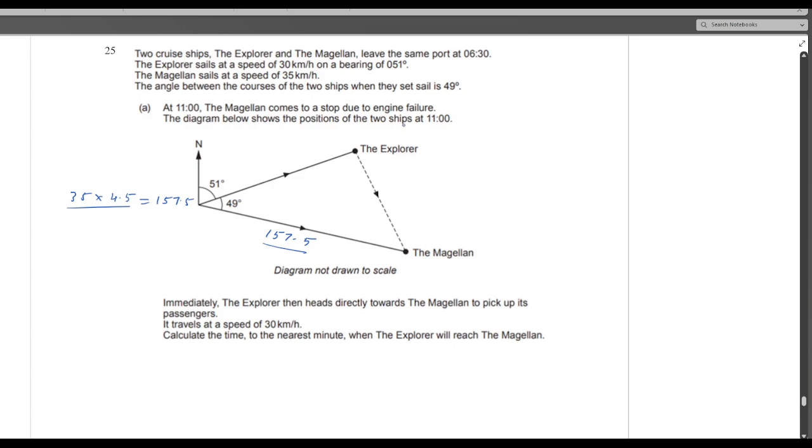Similarly, to find how much distance the Explorer covers, I will multiply this 4.5 by its speed, which is 30. So 30 multiplied by 4.5 is 135. So the distance here is 135.